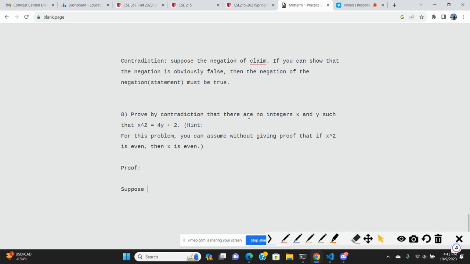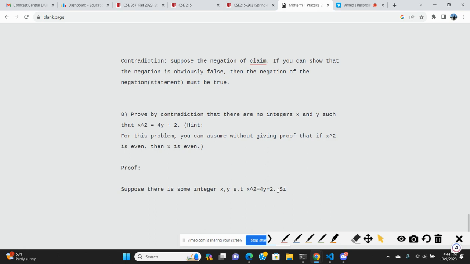So suppose there is some integers x and y such that x squared is equal to 4y plus 2.